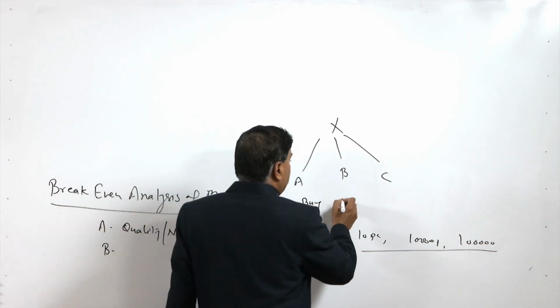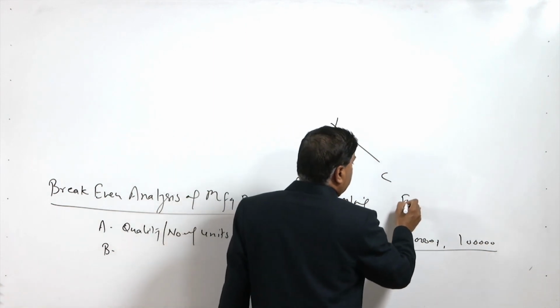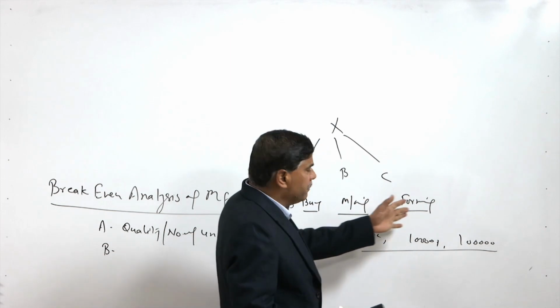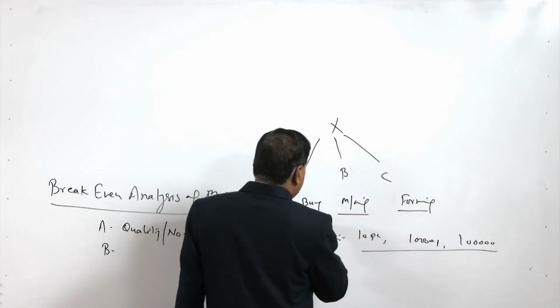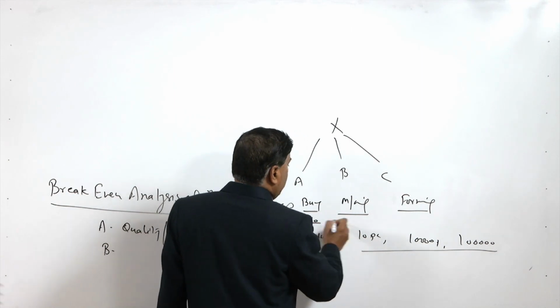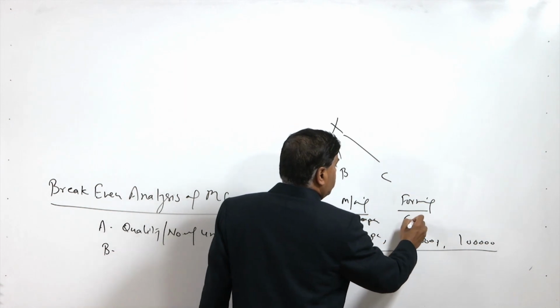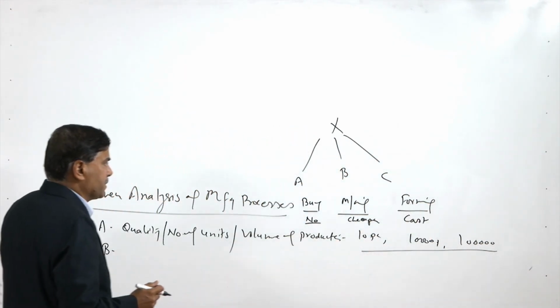Another option, B, we can go for machining, or option C we can go for forming. So, the equipment that we need for this is different. This may have no cost, or may be cheaper as compared to the equipment used for forming, which may be very costly, and an extensive set of equipment may be needed.